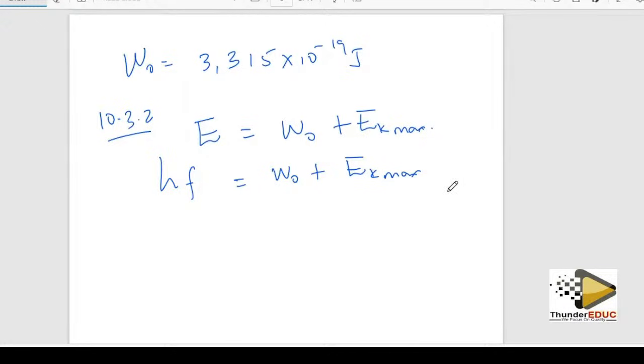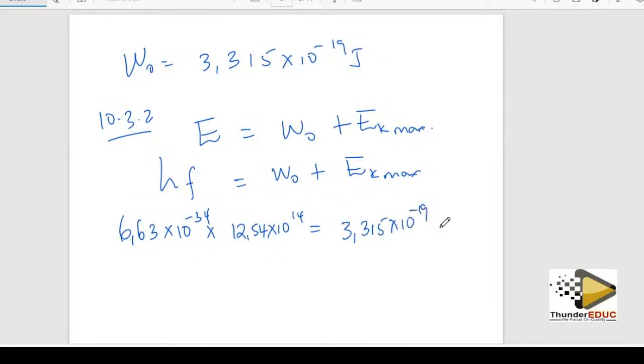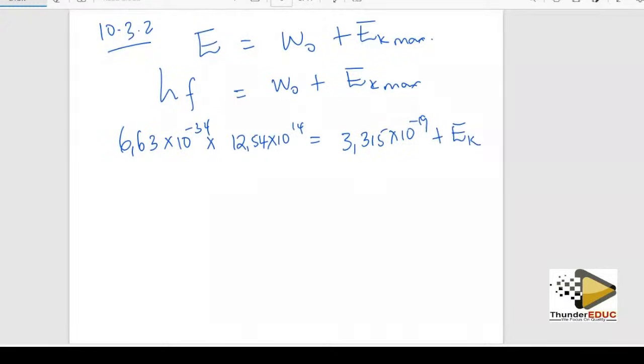At the point of EK max, where we need our E, we can see that the frequency is 12.54. So I'm going to say 6.63 times 10 to the negative 34 times 12.54 times 10 to the 14 is equal to our work function, which is 3.315 times 10 to the negative 19, plus the EK that we want.